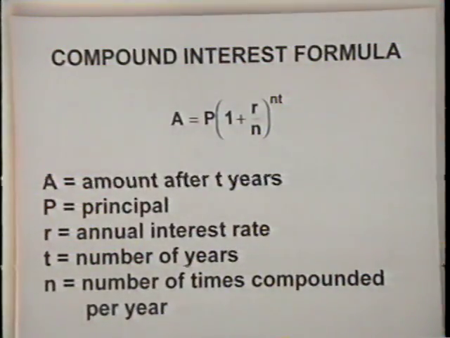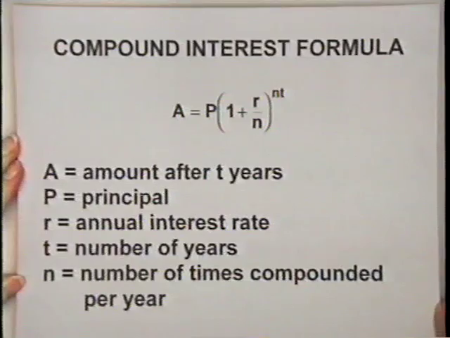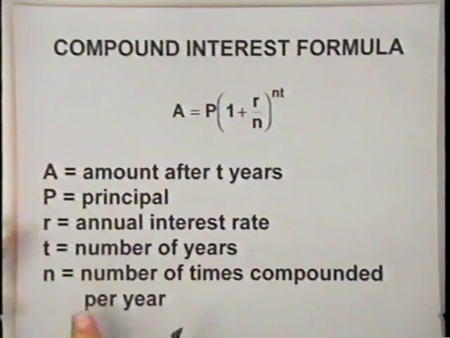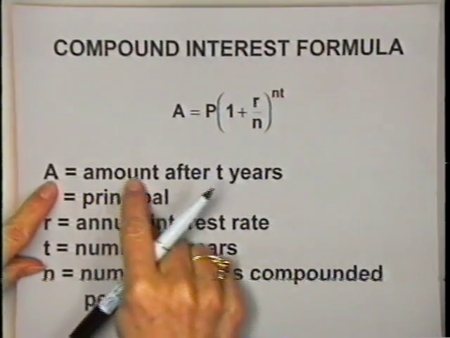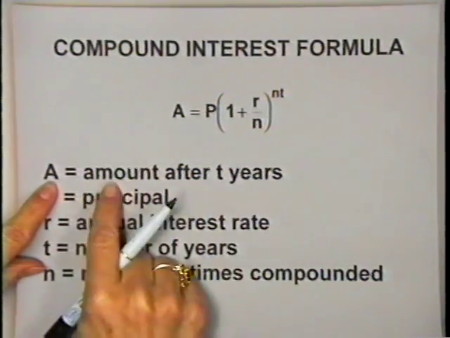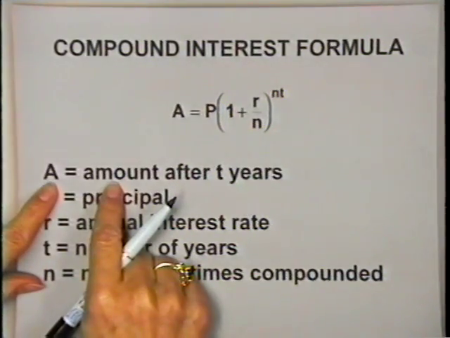Okay, let's look at this compound interest formula. A equals P times the quantity, 1 plus R over N, and that quantity is raised to the N times T power. Now let's notice here, A is the amount after T years. Now what I mean by that, this is going to be the amount of money that's in the account. So that's not just interest here.